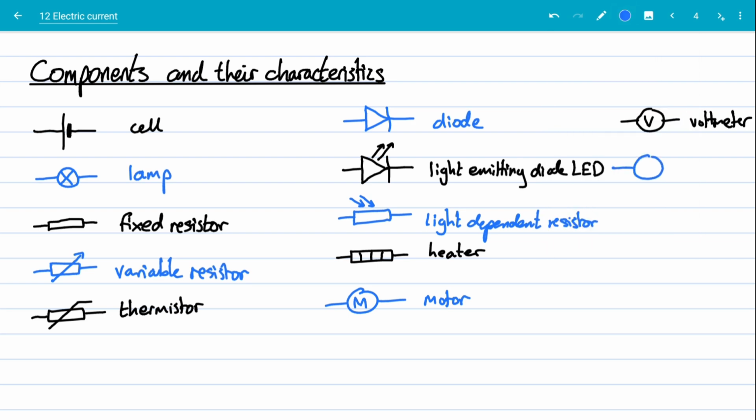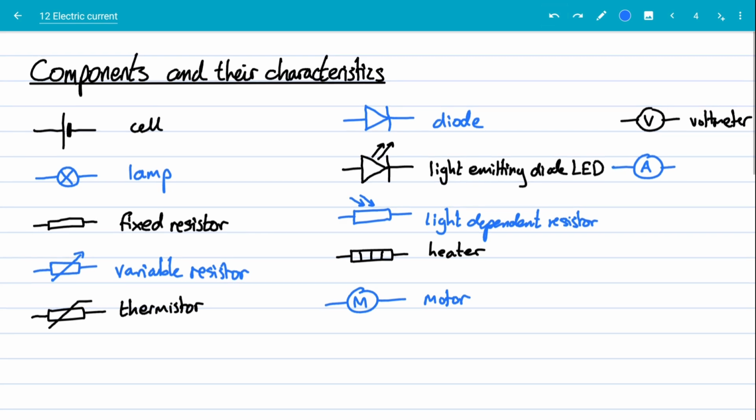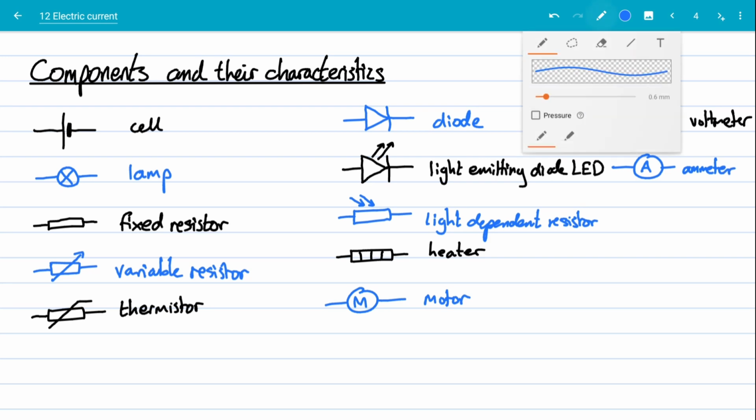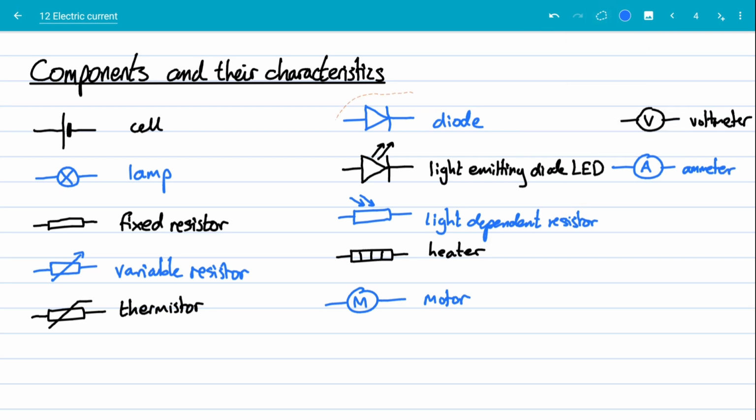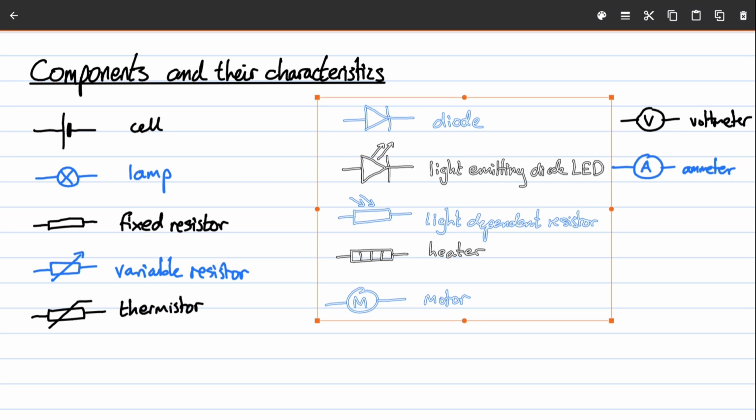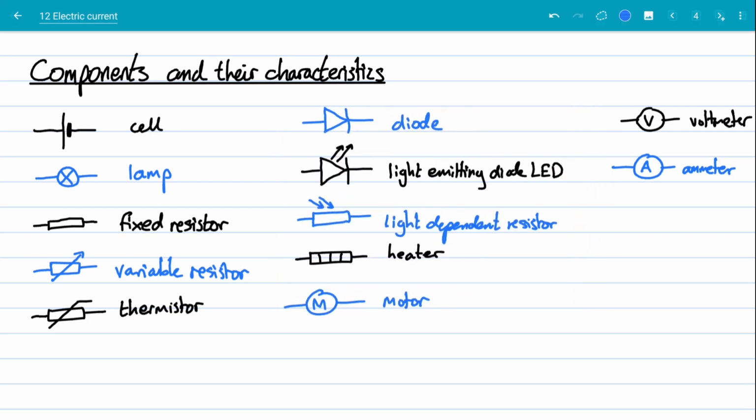So let's draw these. Ammeter, not amp meter. And I'm just going to move these to the left a bit. Boom, there we go. And okay, that's enough for us to be getting on with.